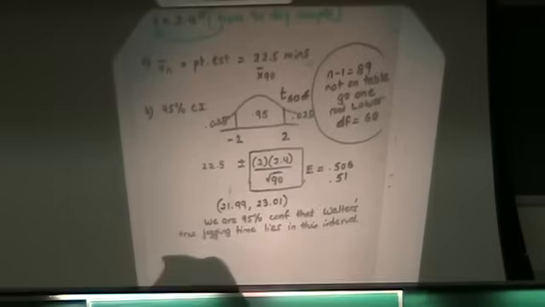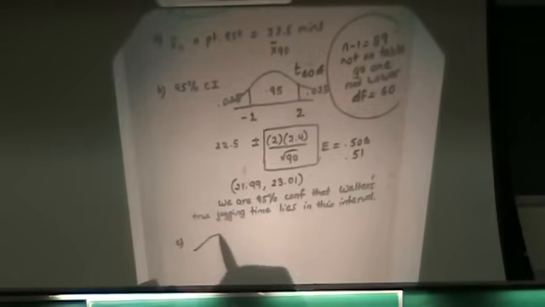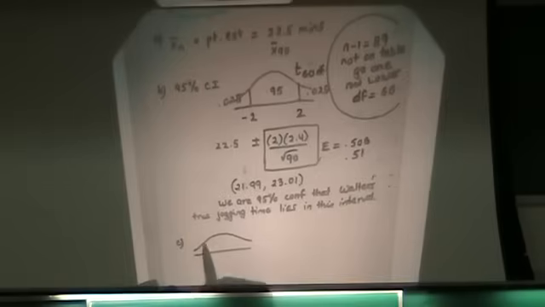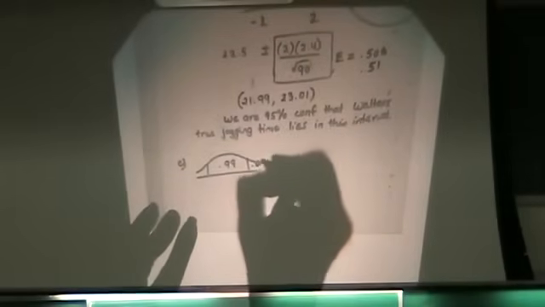Part C. Find a 99% CI for mu. The only number that's going to change is this number 2, right? So 99, put that in the middle. Split the 1%, 0.005, 0.005.